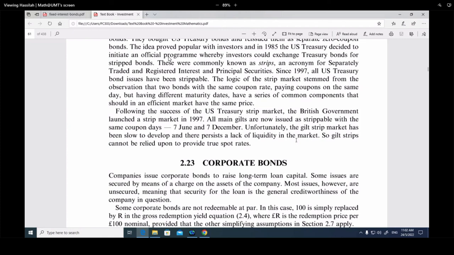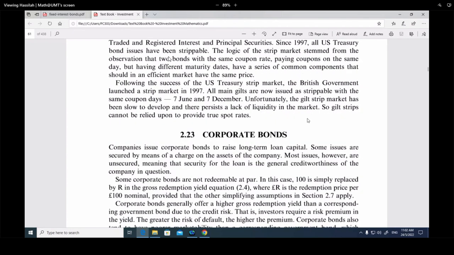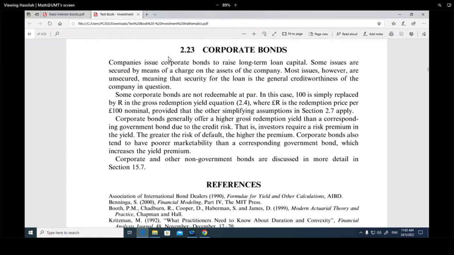Corporate bond, seperti yang kita sebut sebelum ni, kita ada corporate bond, kita ada government bond. Kalau government bond, that's secure, sebab government boleh bayar kita balik. Kalau corporate bond adalah bond yang diissue oleh syarikat-syarikat.